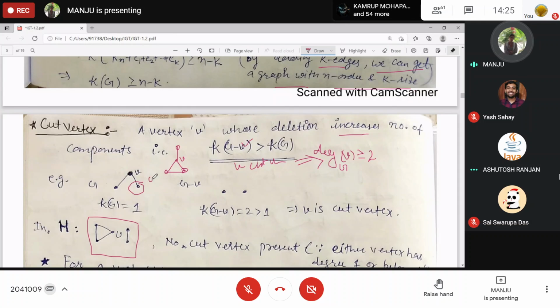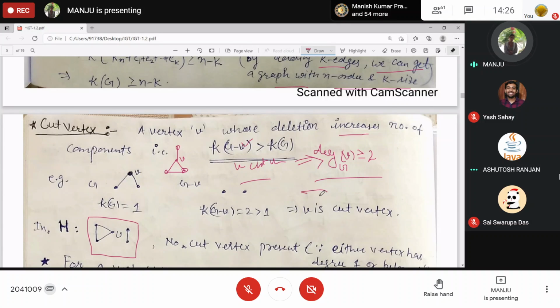For example, take this vertex: if you remove it, how many components? 1. Earlier it was 2. So we want an increase in the number of components, right? So if V is a cut vertex, the degree has to be at least 2.